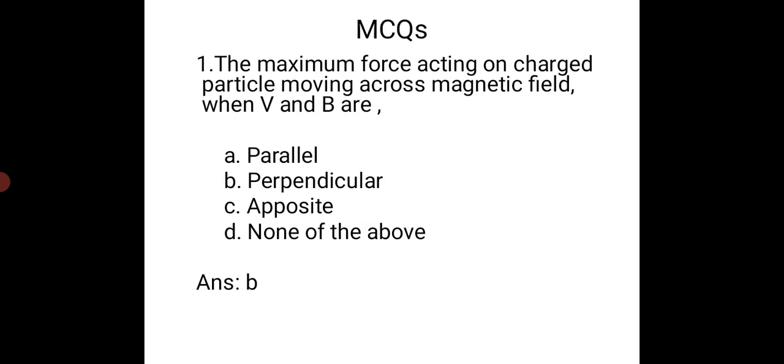You are also able to answer some multiple choice questions like the maximum force acting on a charged particle moving across magnetic field when V and B are perpendicular to each other.